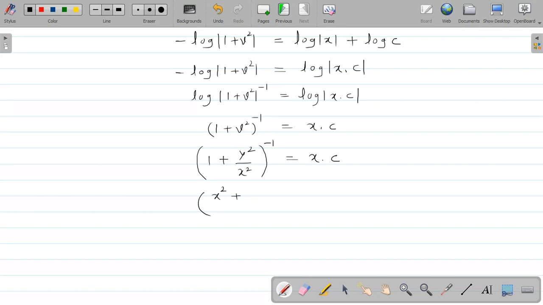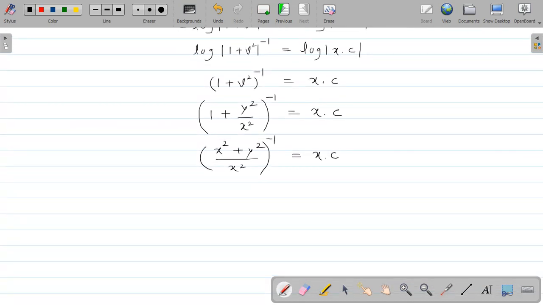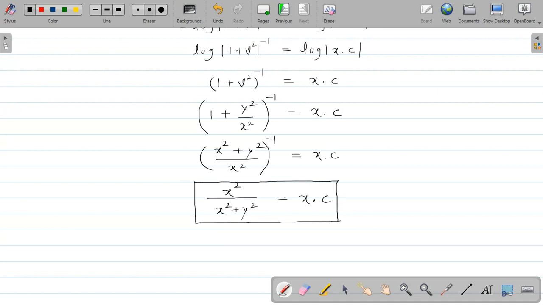So (x square plus y square upon x square) raised to minus 1 is equal to x into c. And hence finally, as this is the reciprocal, I can write x square upon (x square plus y square) is equal to x into c. So you can say that this is the general solution of the given homogeneous differential equation.